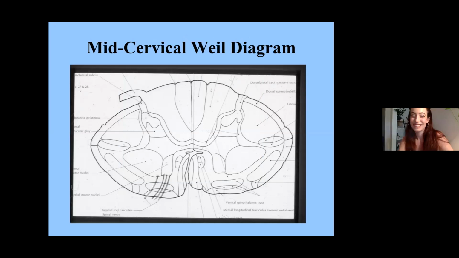So now let's look at this mid-cervical Weigert diagram. First of all, just look at the relative size of the fasciculus gracilis to this emerging fasciculus cuneatus, simply because we are creatures that are bipedal, we're upright, and we do a hell of a lot more with our neck, our shoulders, our arms, our wrists, our hands, and our fingers than we basically do with our hips and legs.